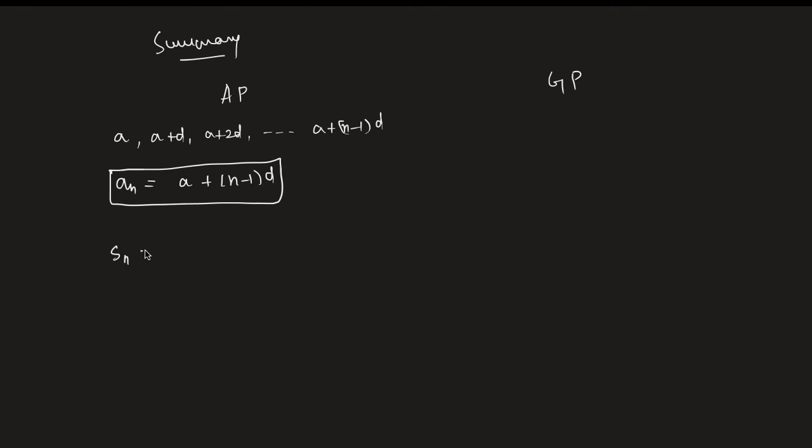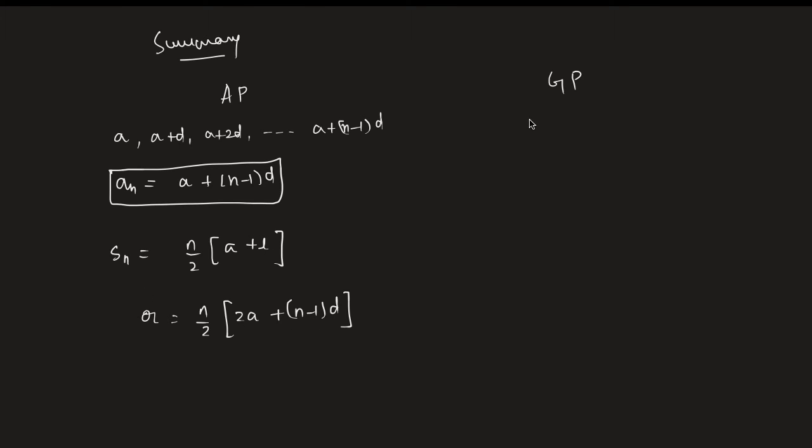Now the sum of n terms can be written as n by 2 times (a plus l). This is one of the formulas, where n represents the number of terms, a the first term, l the last term. Or it can be represented as n by 2 times (2a plus (n minus 1) d).